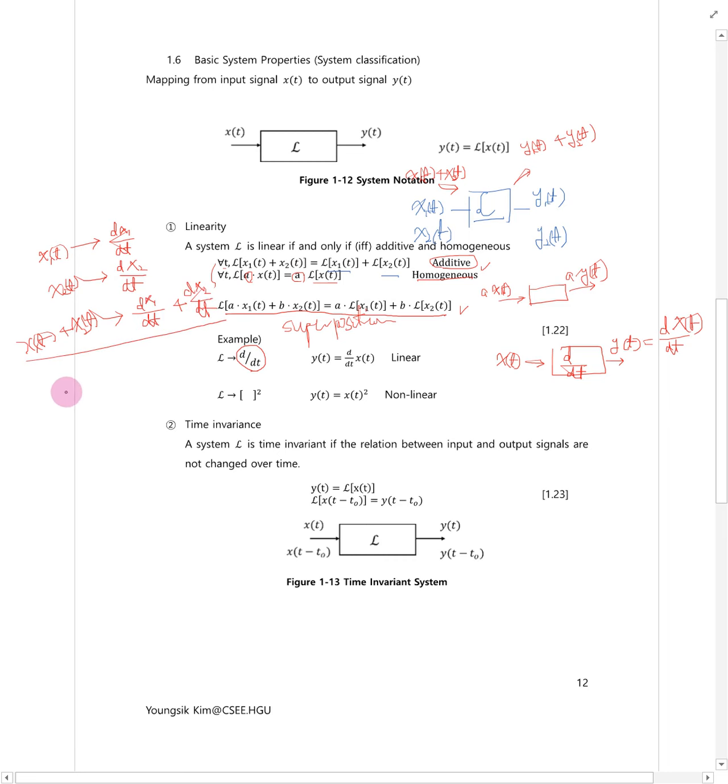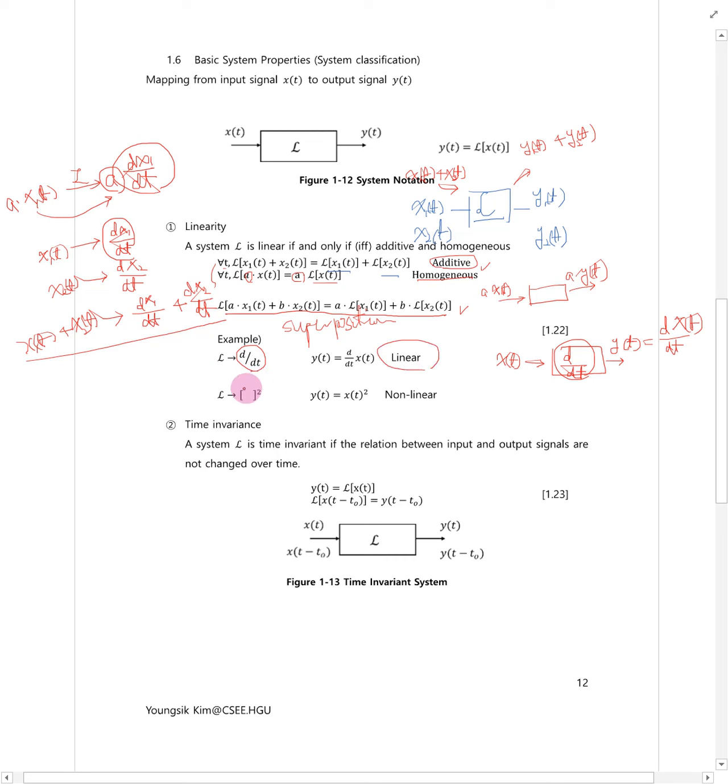And what about homogeneity? If a times x1(t) is applied to the system, which is just a differentiation, we get a times dx1/dt. This is the same output, just multiplied, so it satisfies scalability or homogeneity. So we call this a linear system.